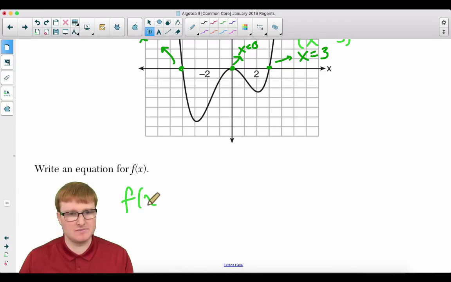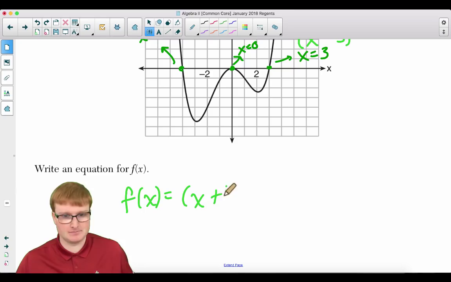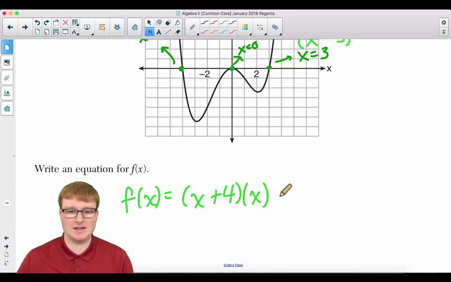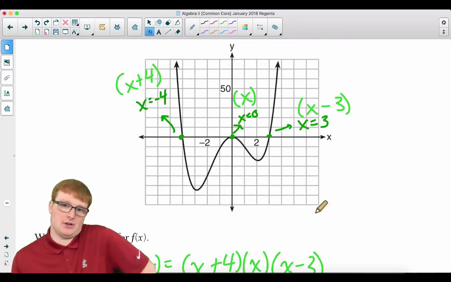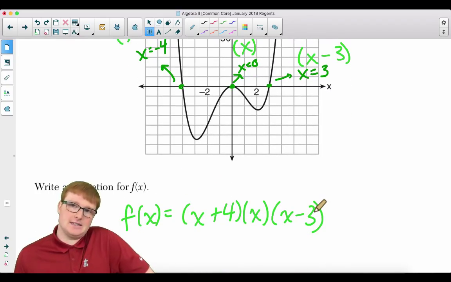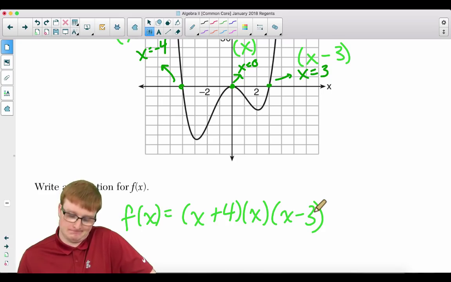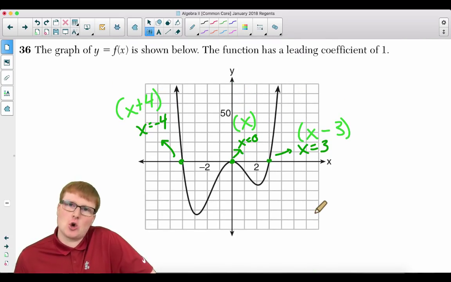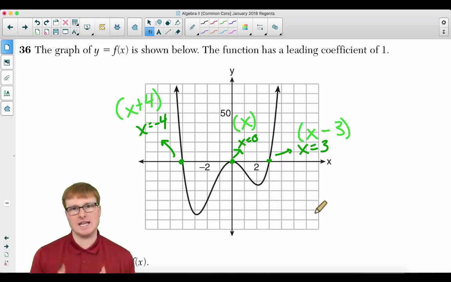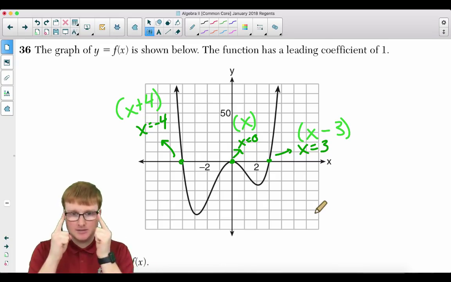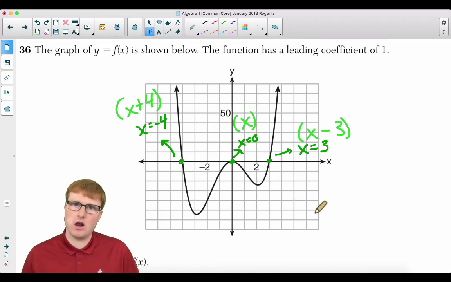Well, f of x is going to be x plus 4 times x minus 3. I have a question for you. I only see 3 x's there. Isn't that a cubic function? Isn't that a quartic function? Because a quartic has the same end behavior, and it has 4 roots.